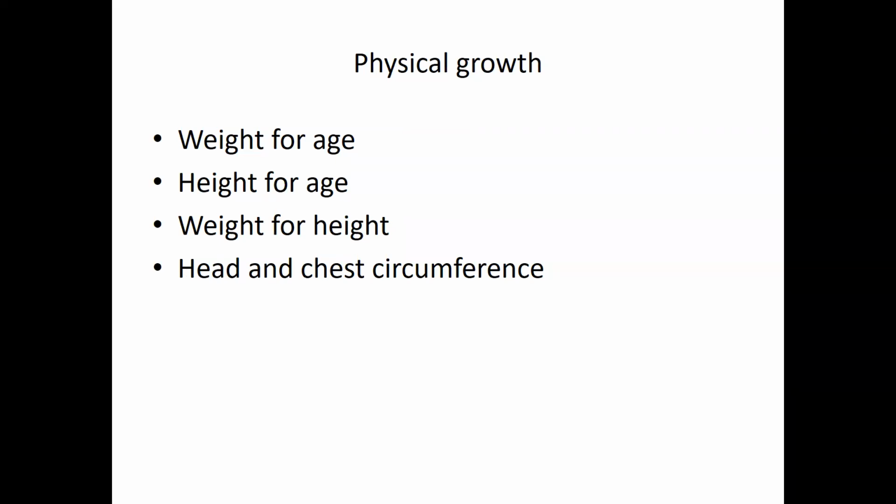Z-scores within 2 standard deviations plus and minus, we consider normal. If it is less than minus 2, that means underdeveloped; the growth has not been achieved. If it is more, overdeveloped, obese. So you need to understand these things. What is a Z-score, if you remember from the biostatistics class?